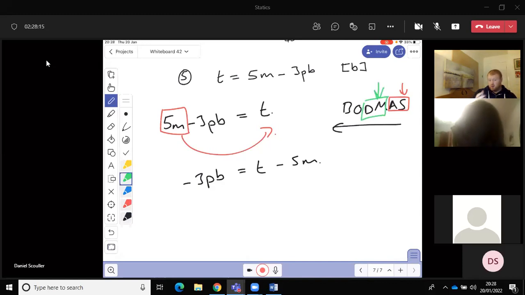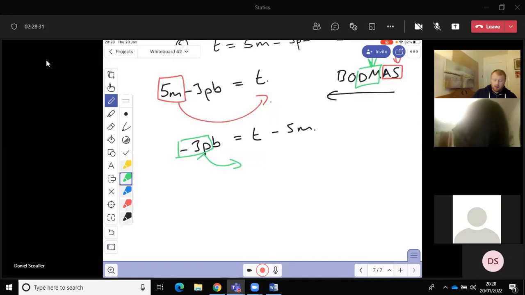There's no divisions on the left-hand side, they're all multiplications. We're wanting to leave b itself. So we're wanting to take that whole 3p over. Again, that negative 3pb is just negative 3 multiplied by p multiplied by b.